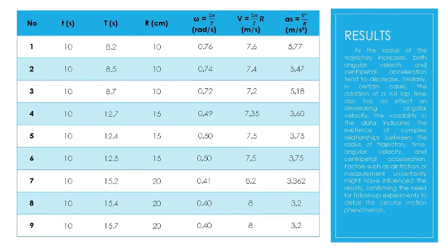Once we do the experiment, we write down the data in the table. As you can see, these are the various radii at 10, 15, and 20, with data taken three times. We write down the data for omega, velocity, and acceleration. As the radius of the trajectory increases, both the angular velocity and centripetal acceleration decrease.